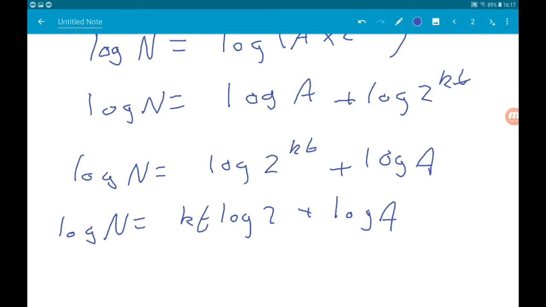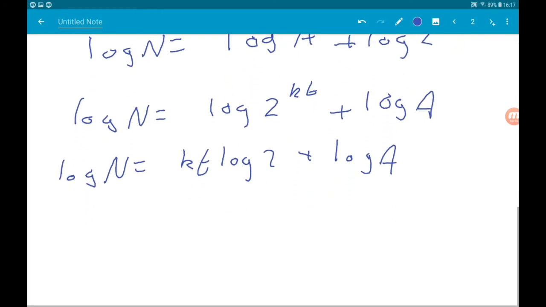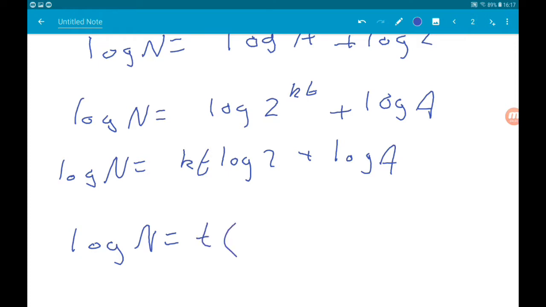Okay, now I'm going to write that first term slightly differently. So I'm going to write this finally as log of n is equal to t times k log 2 add log a.